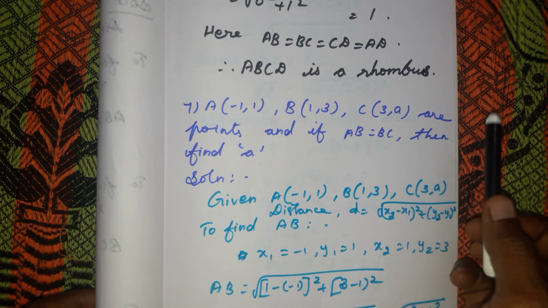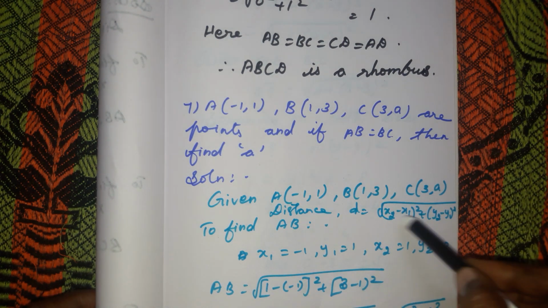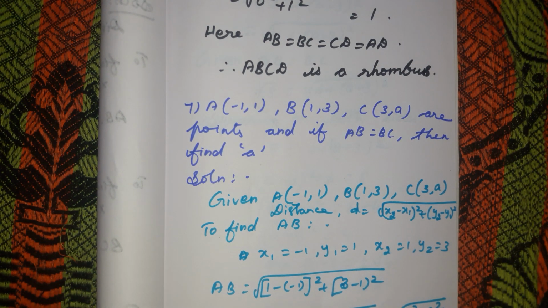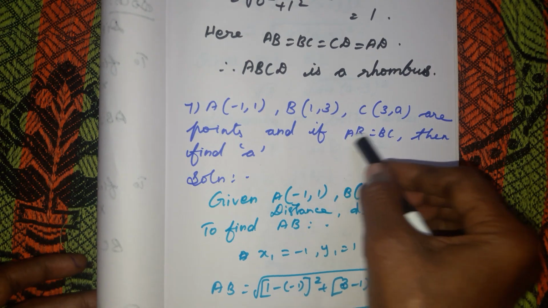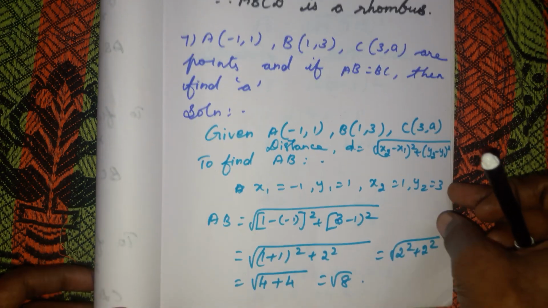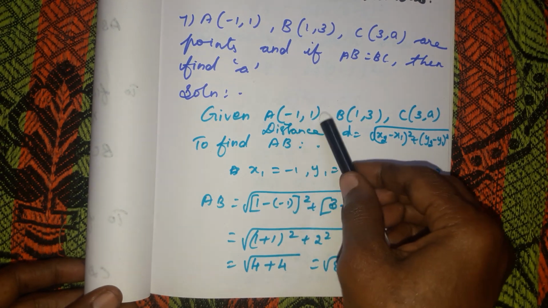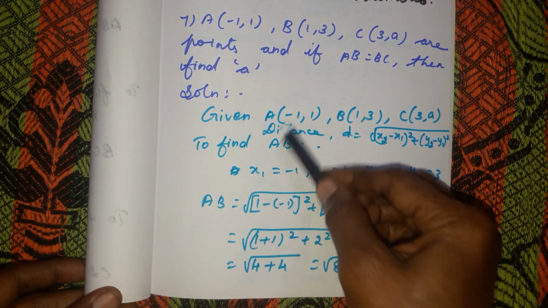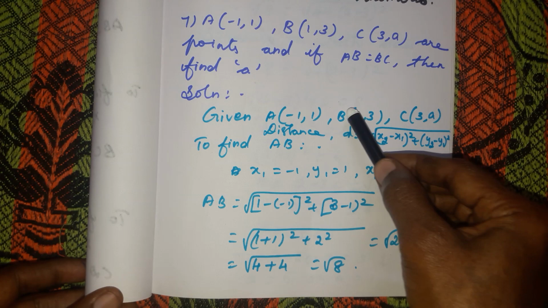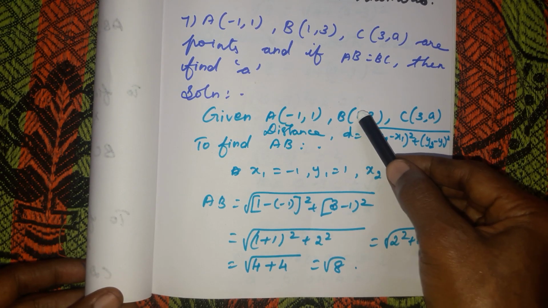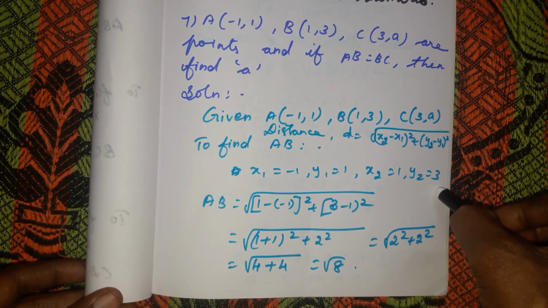First, what is given? Distance d formula is root of (x2 minus x1) the whole square plus (y2 minus y1) the whole square. Here it is given AB is equal to BC. So we want to find AB. A point is (minus 1, 1), so x1 is equal to minus 1, y1 is equal to 1. B point is (1, 3), so x2 is 1, y2 is 3.